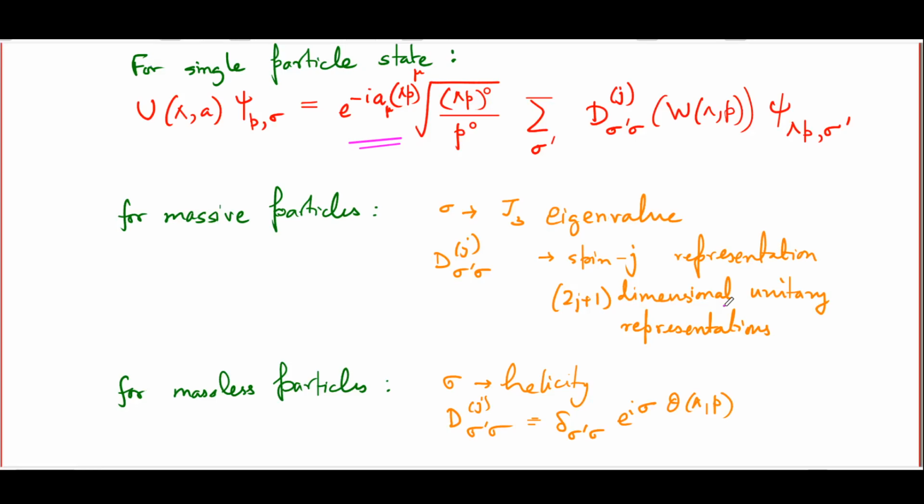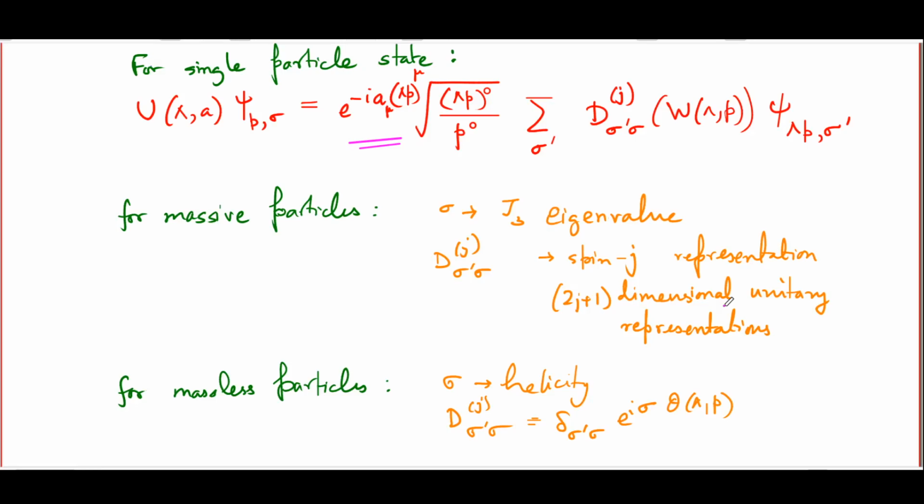So all of these 2J+1 states are different states describing the same particle. For massless particles, on the other hand, the helicity does not change under Poincare transformations, and so you essentially have only one state and no mixing with other states. Massless particle states with different helicities must be different particles.